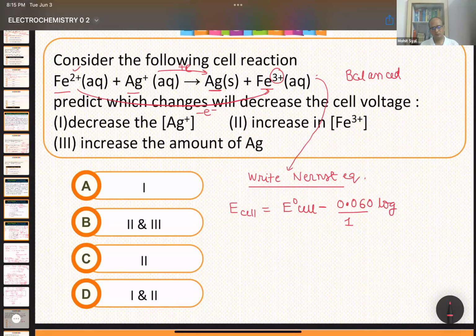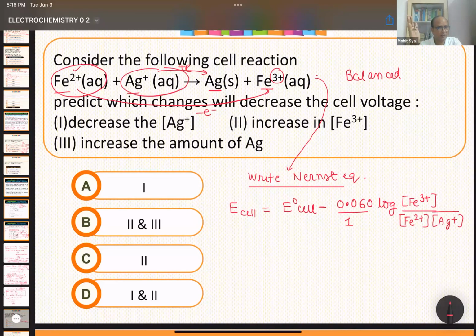Yes, sir. Okay. And the reaction quotient. You will write the concentration of ions. You will not write the concentration of pure solid. So concentration of products Fe3 plus divided by Fe2 plus and Ag plus. You have ions here.